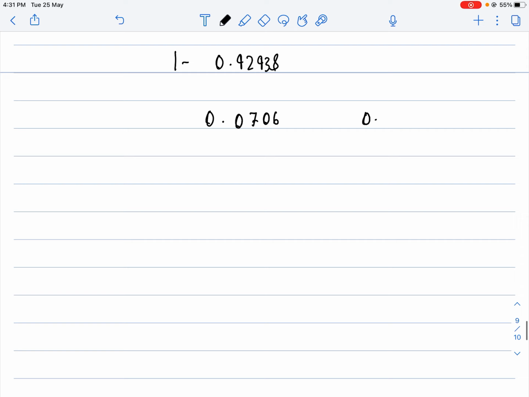5% means 0.05. If you compare them, 0.0706 is more.